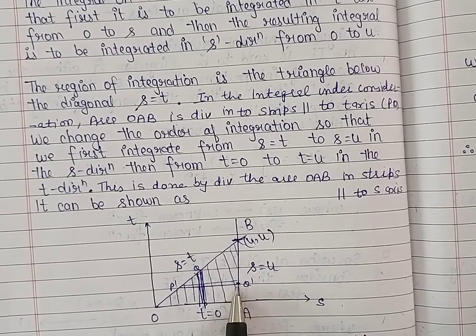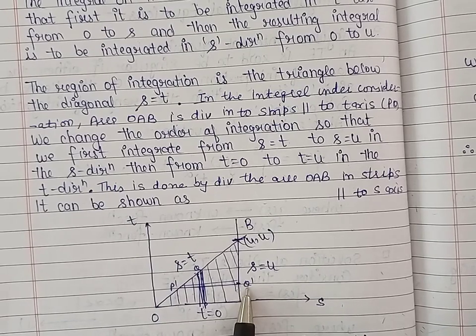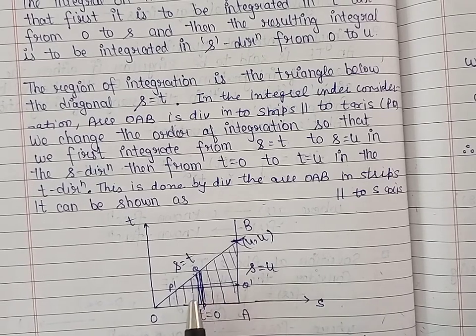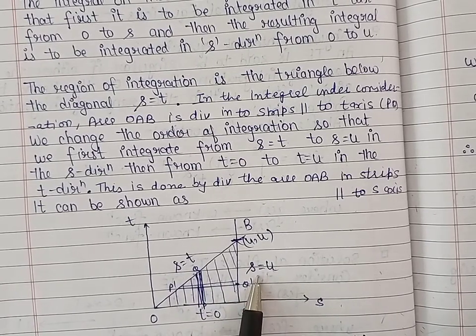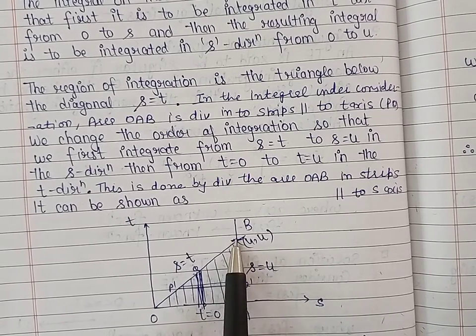One such strip we have shown, P dash Q dash. So after changing the order of integration, the limits of s are s is equal to t to s is equal to u, and the limits of t are t is equal to 0 to t is equal to u.